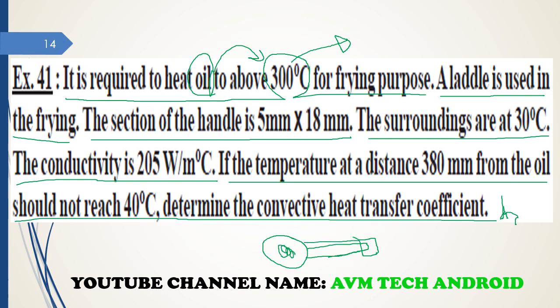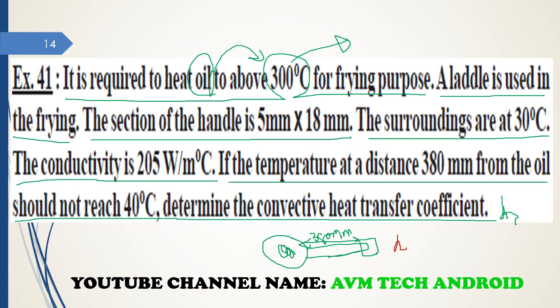So at this distance, you can say this distance is 380 mm as per data, where the temperature must not go beyond 40 degrees Celsius. If the temperature is more than 40 degrees Celsius, what happens? We cannot handle the ladle. If we cannot handle the ladle, it is difficult to go for frying. So what we have to do is find out what is the H value in this case.